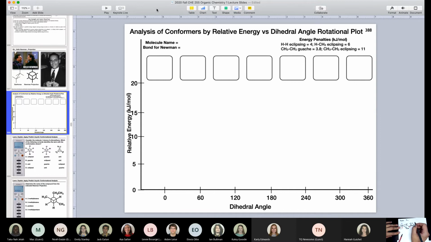So yeah, we have 4 + 4 is 8. 14 - 8, this is +6. So we can do another rotation to get back to the staggered. So we have H, H, H, H. The methyl now is here.